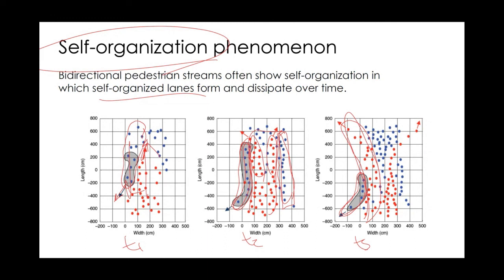They're not necessarily stable, they don't last for a long time, and they may happen anywhere in a space. That's the beauty of pedestrian traffic: this self-organization phenomenon is really interesting. It's amazing to look at how pedestrians move in a bidirectional area and how these dynamic lanes form and dissipate over time.